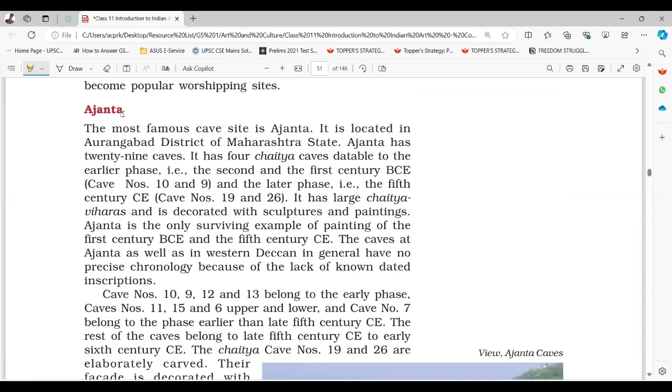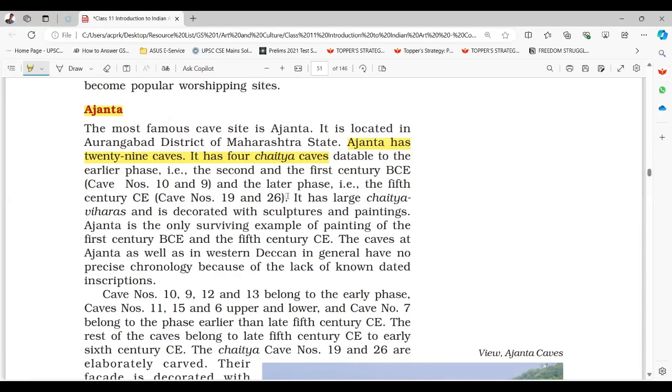Next is Ajanta. The most famous cave site is Ajanta. It is located in the Aurangabad district of Maharashtra state. Ajanta has 29 caves. It has four Chaitya caves datable to the earlier phase, that is second and first century BCE, cave number 10 and 9, and in the later phase, that is 5th century CE, cave number 19 and 26.